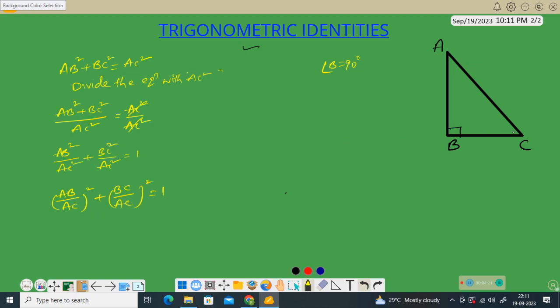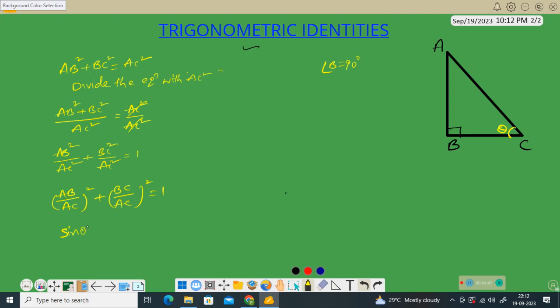If we take theta at the vertex C, how can we define AB by AC? For theta, AB is the opposite side and AC is the hypotenuse, so AB by AC, opposite by hypotenuse, is sin theta.